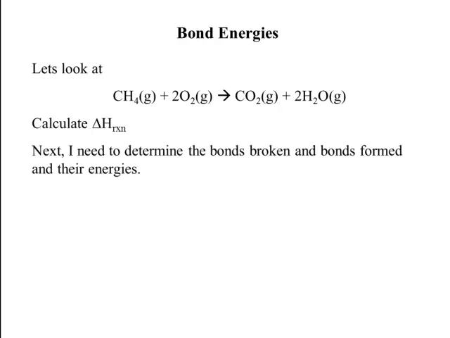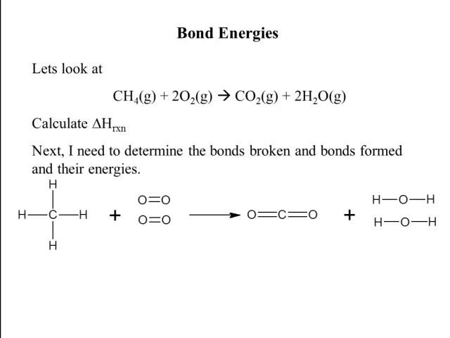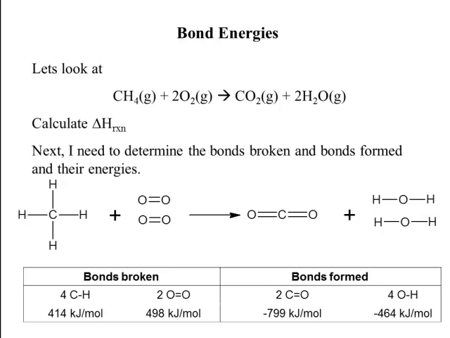All right, next I need to determine what bonds are being broken, what bonds are being formed, and what the energies are associated with those bonds. Okay, so I need to consider my Lewis structures in my reaction here. So starting from the left, working my way to the right, my CH4, I've got 4 carbon-hydrogen bonds. The bond energy associated with that carbon-hydrogen single bond is 414 kilojoules per mole.